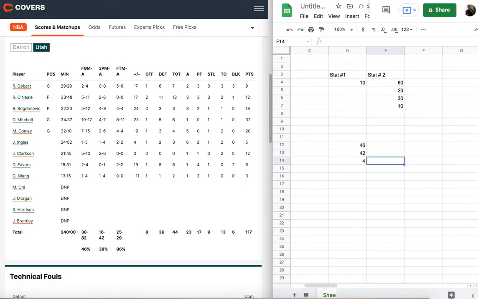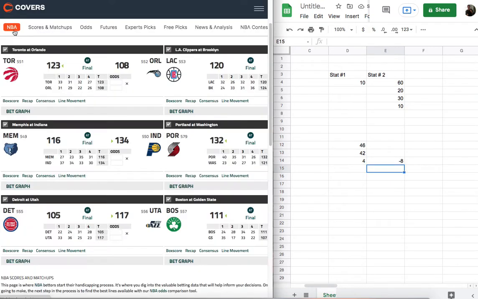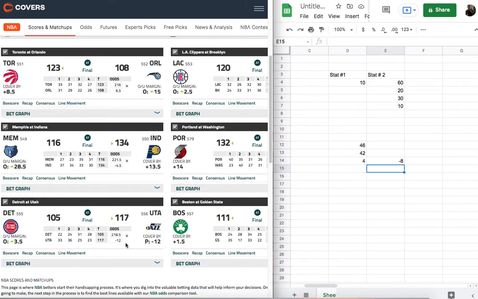Multiply that times 2, and now our line becomes Utah minus 8. The actual line was Utah minus 12, and they won by 12.